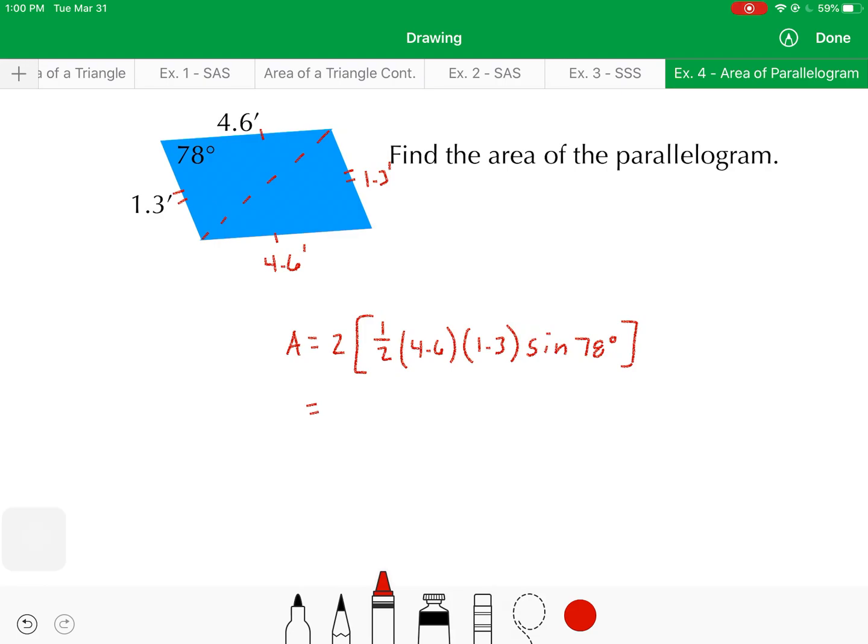Multiply that all out. And I'm ending up with approximately 5.85 square units. Or actually, we know the units here. These are feet. So square feet.